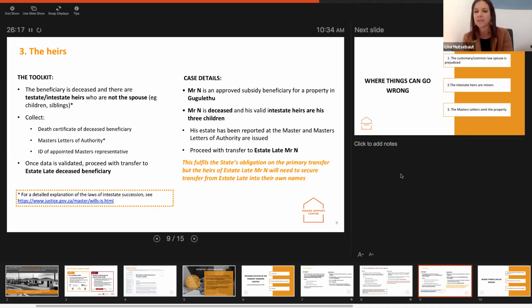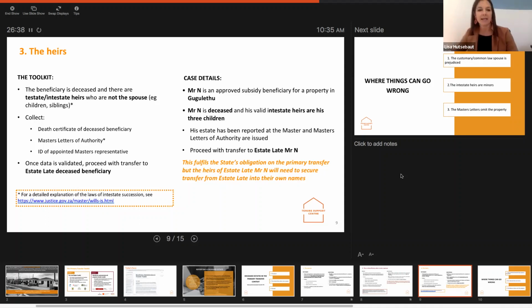It was his property, it was in his name, and they are the heirs. The fact that that primary transfer didn't happen shouldn't penalize those heirs. So those heirs should be allowed to secure the same rights that they would have had there not been a backlog with the primary transfer. So the process is very similar to the one we've just discussed.